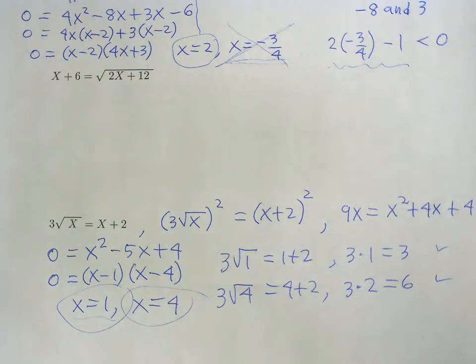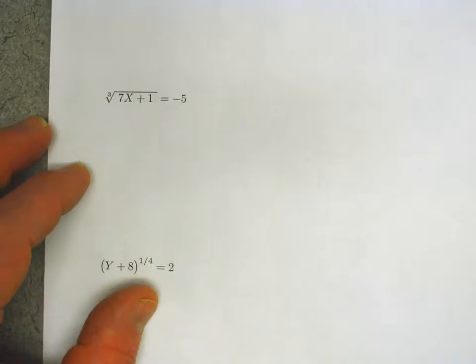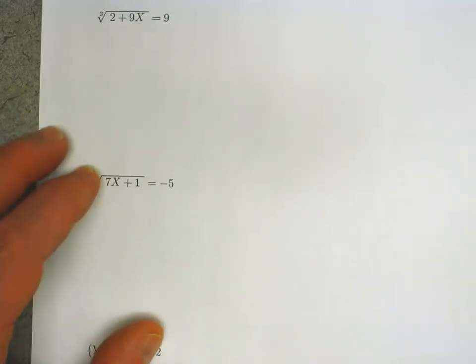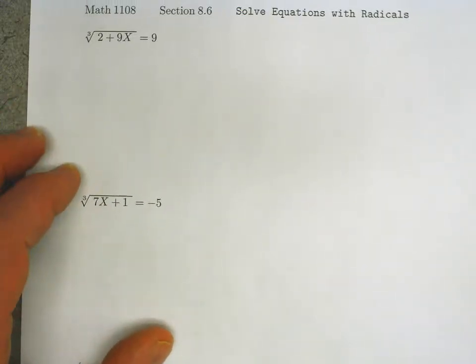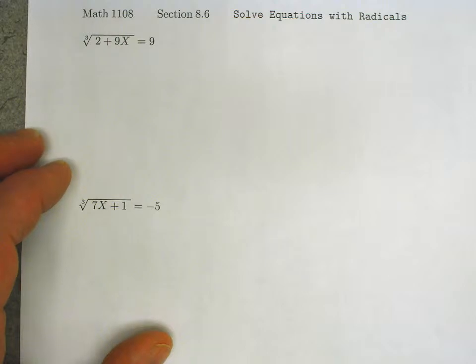Okay, we've seen how to solve equations with square roots, but we also want to know how to solve equations with roots with different indexes. So the next one will involve a cubed root of something.